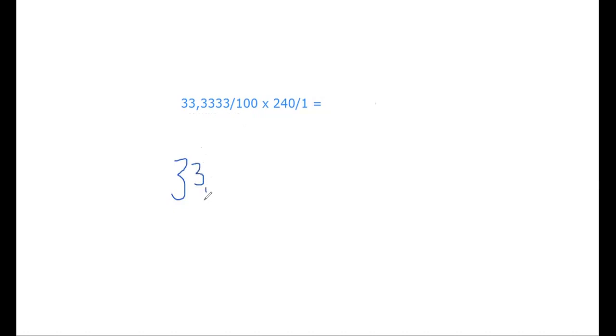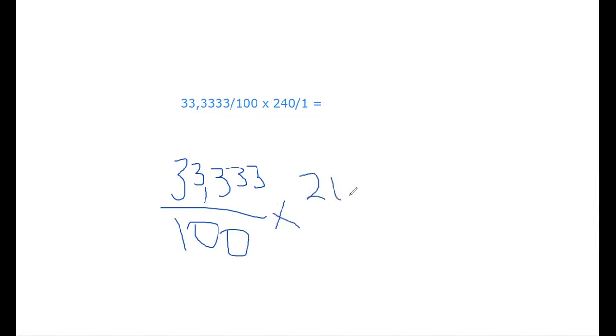We have 33.333, it goes on and on, over 100, multiplied by 240 over 1. So when we are done with this, you need to simplify.